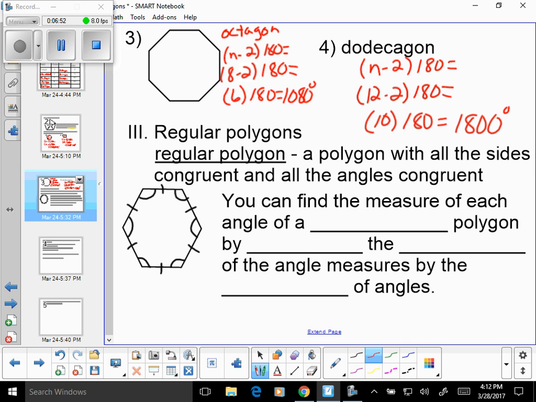Now, you can find the measure of each angle of a regular polygon by dividing the sum of the angle measures by the number of angles.